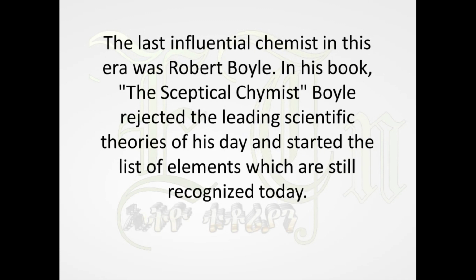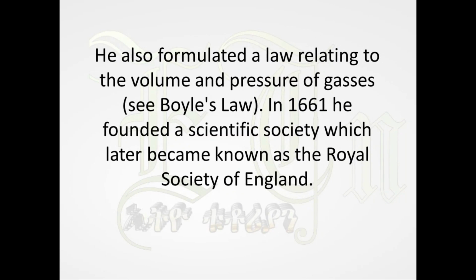The last influential chemist in this era was Robert Boyle. In his book, The Sceptical Chymist, Boyle rejected the leading scientific theories of his day and started the list of elements which are still recognized today. He also formulated a law relating to the volume and pressure of gases. See Boyle's law.